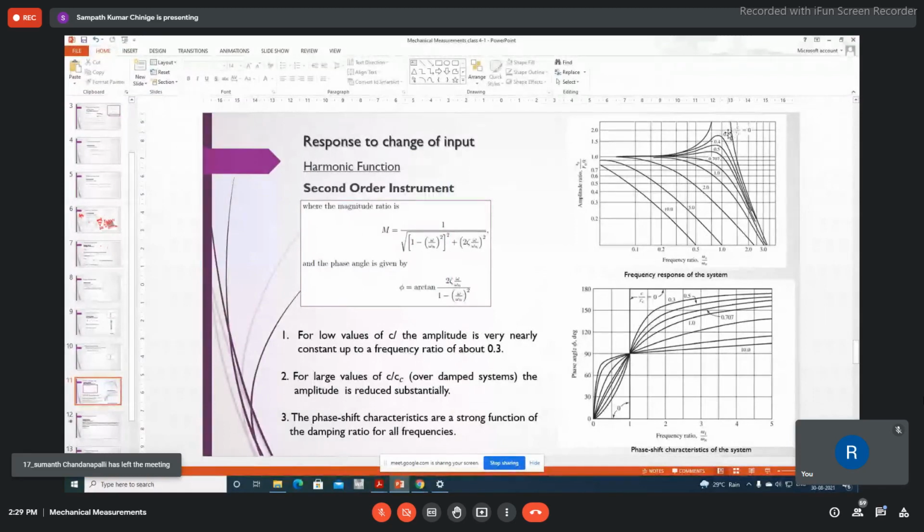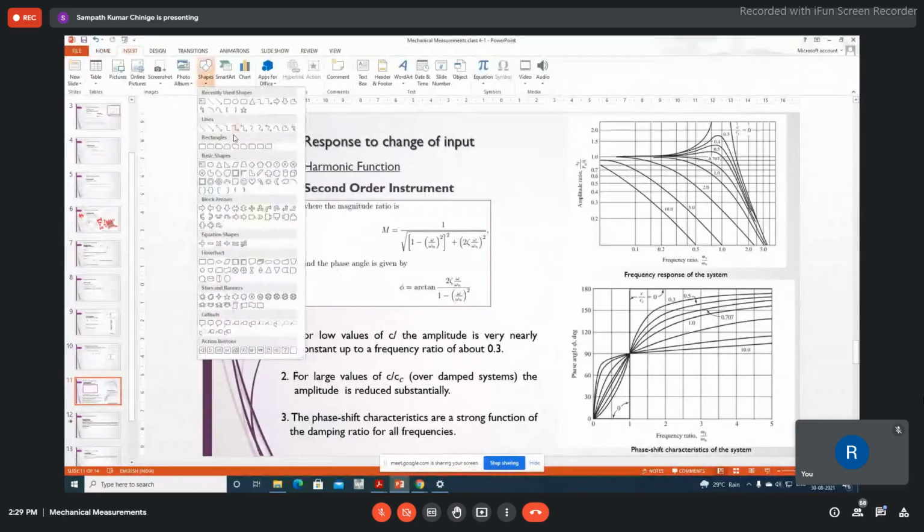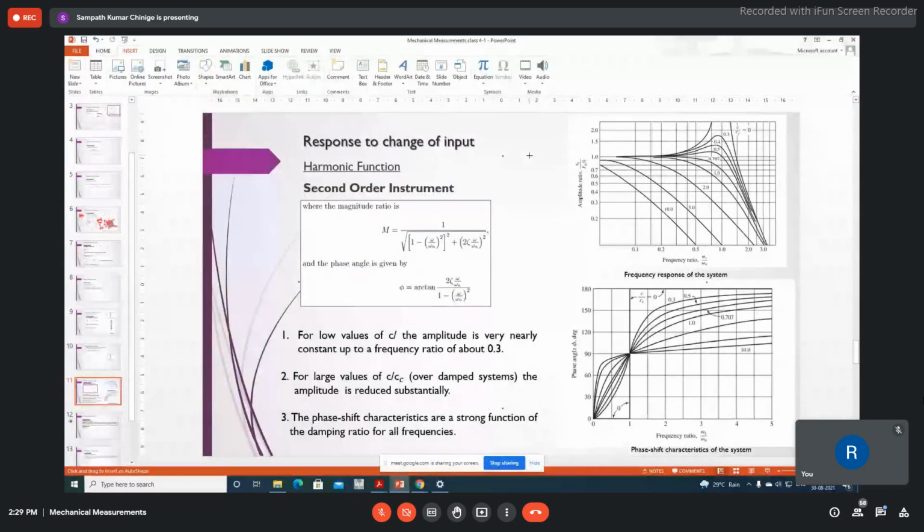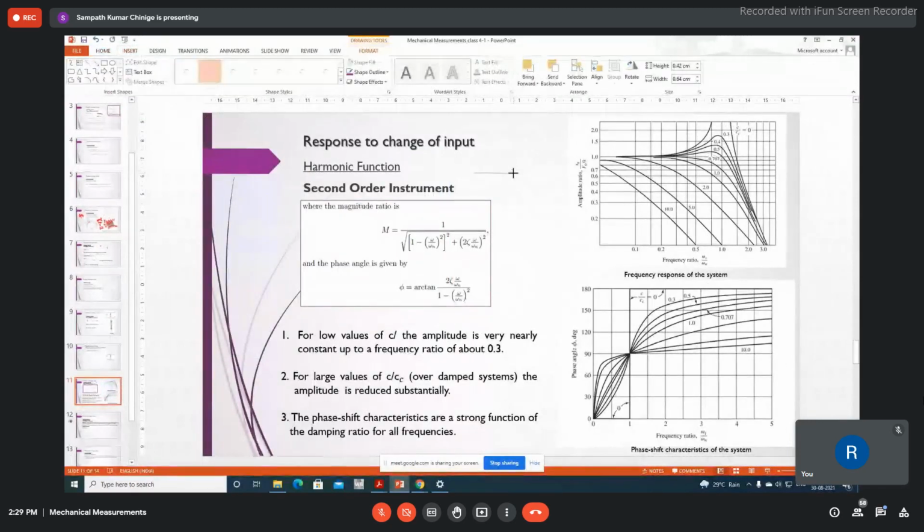Yeah. Now you see here the zeta value when it is 0, right? What I want to show you in this exactly is, you have given a curve like this, for example.